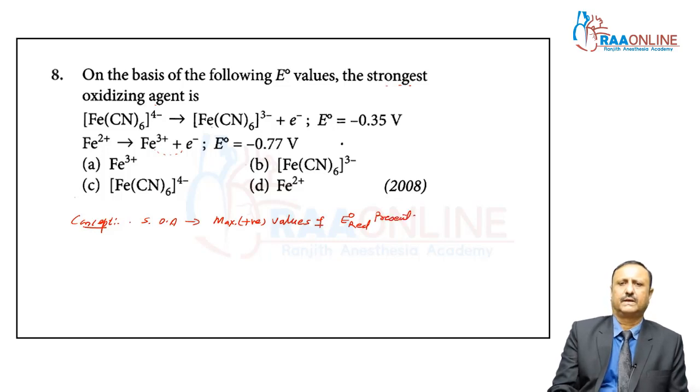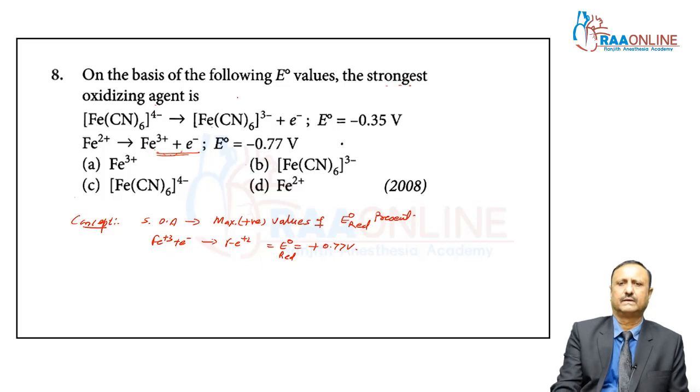So, my dear students, here both accept an electron. Fe plus 3 plus an electron gives Fe plus 2, and the reduction potential E naught is plus 0.77 volt. This is the reduction potential.